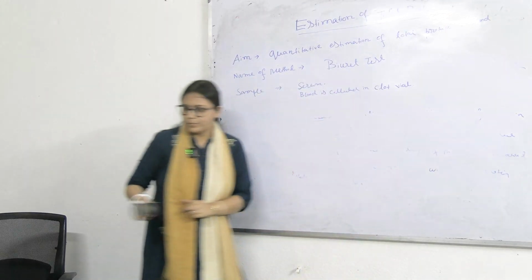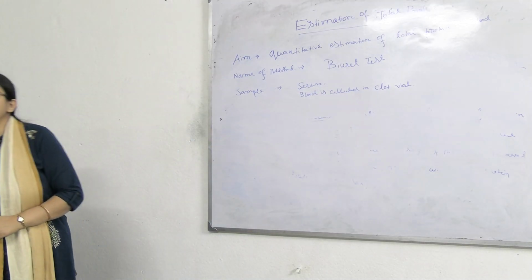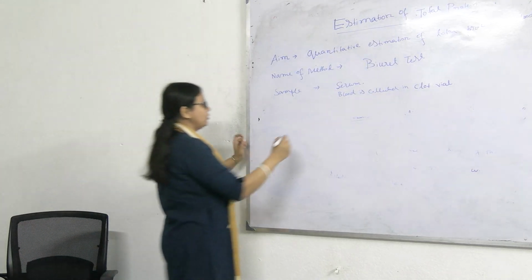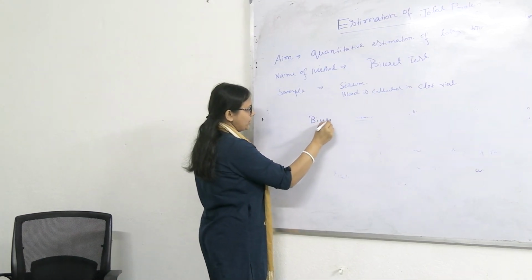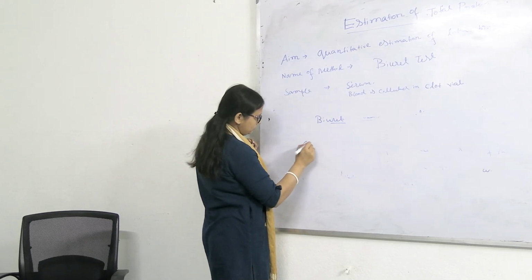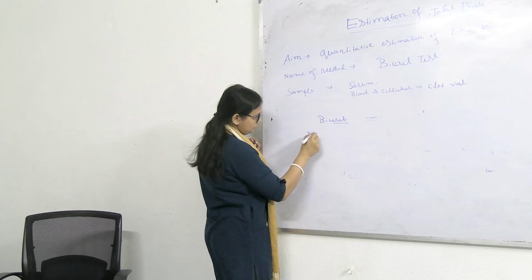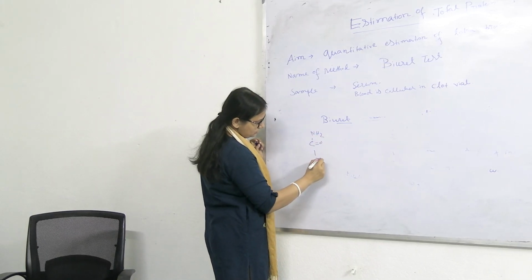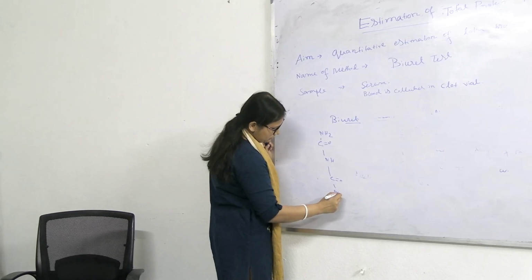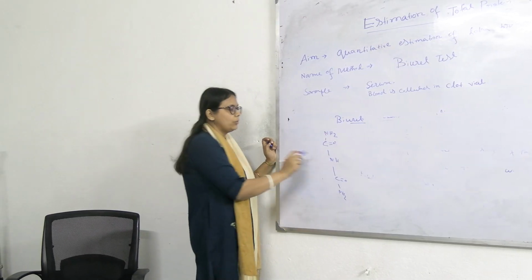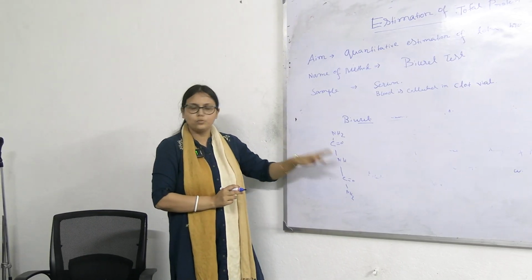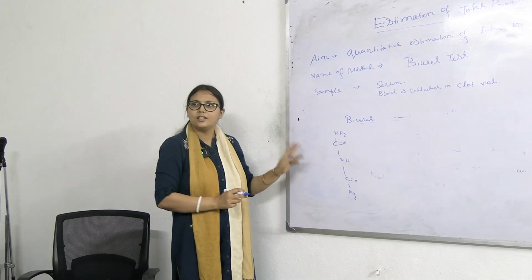The name of the compound is biuret, which is produced by condensation of 2 urea molecules. This biuret also gives positive, also produces violet blue color in this reaction. That's why the name is Biuret.